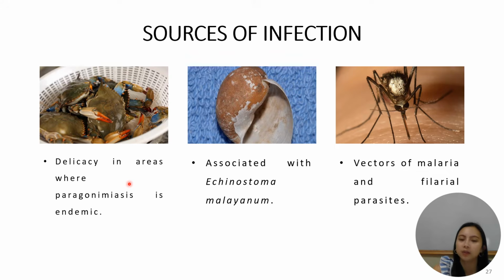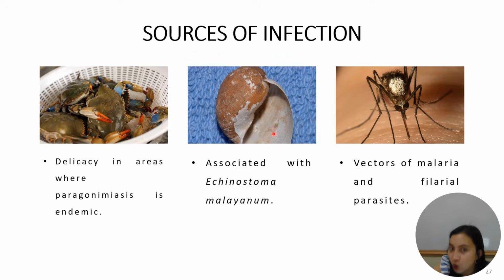And the intermediate hosts for this type of parasite, class, are crabs. So you can see from the diagram here, crabs. If you fail to cook crabs properly, then there is a higher chance for you to get paragonimiasis. There are also raw Bulastra snails. This is what we call a Bulastra snail. This one is associated with Echinostoma malayanum infections.